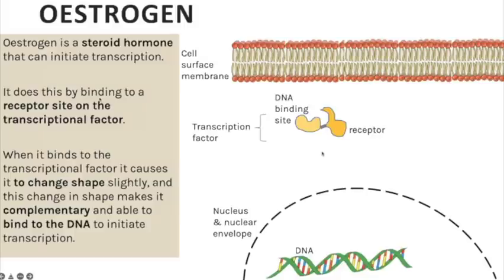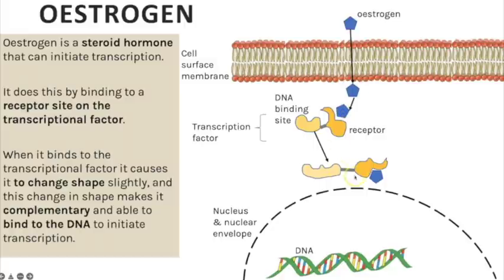Estrogen is a steroid hormone that can initiate transcription. The way it does this is, first of all, because it's steroid based, which is a lipid, it can diffuse through the cell surface membrane into a cell. It will then bind to the receptor. So estrogen is complementary in shape to the binding site of the receptor on the transcription factor.